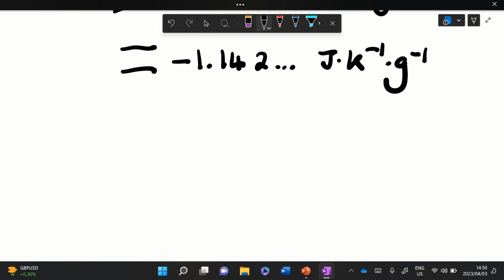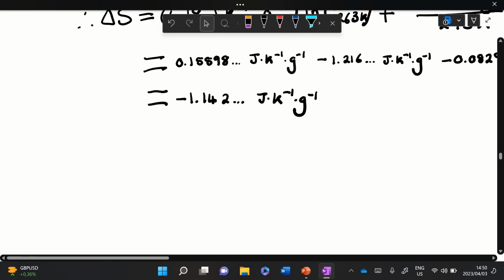Okay, but now the question is, is that the final answer? No, because this is in joule per Kelvin per gram, and that is not molar entropy. Molar entropy is in joule per Kelvin per mole. So we need to convert that.